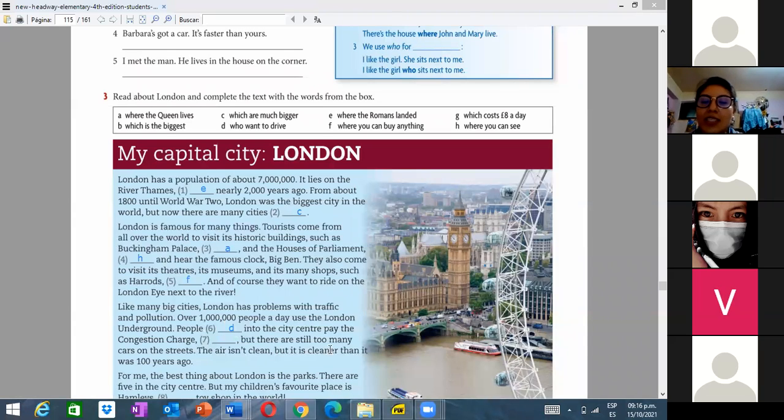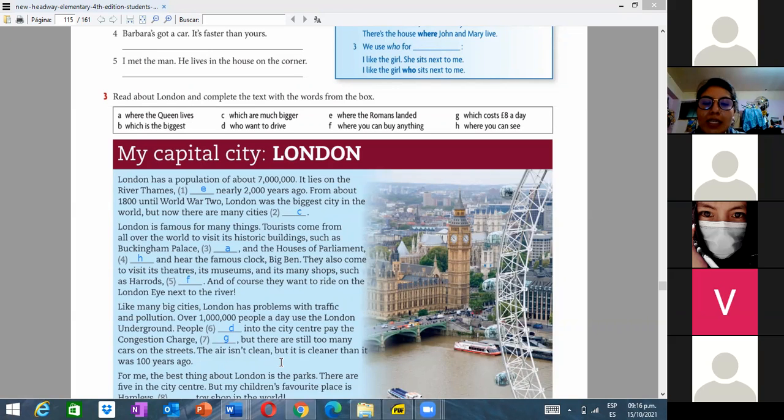Into the city center pays the congestion charge. In a minute, we are going to read everything, okay? Please, the next number 7. What do you think? G. Yeah, very good. In a minute, we're going to check. Okay. Well, yes, but there are still too many cars on the street.